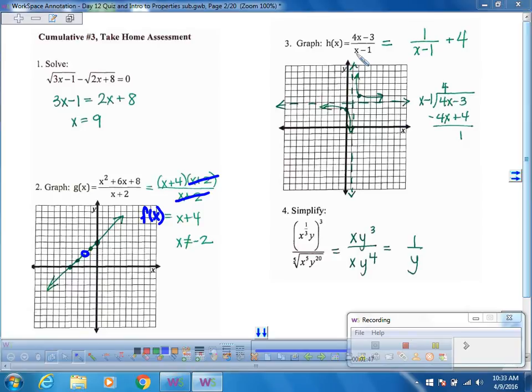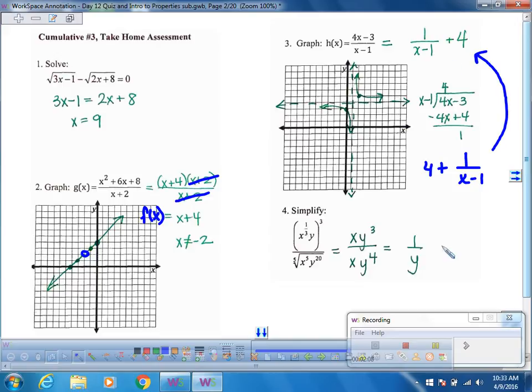Number 3. Okay, so this one you can't factor, so you actually have to do the long division here. And as you do the long division, you would get 4 plus 1 over x minus 1. But we normally write that like this up here with the plus 4 in the back.